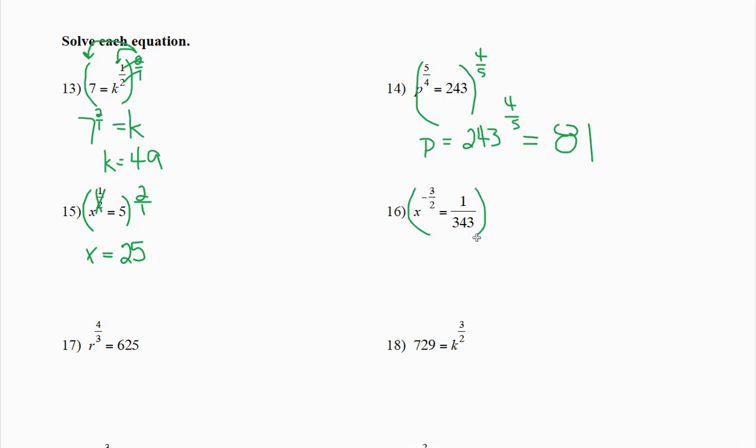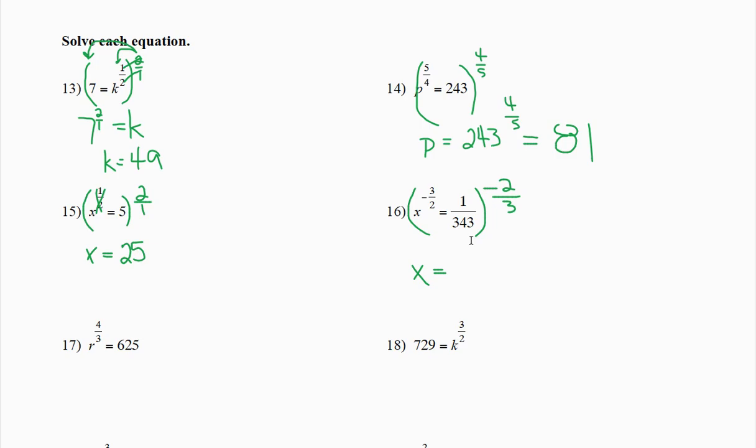Again, we simply multiply by the inverse, or the reciprocal, which is negative 2/3. So we're left with x is equal to the negative 2/3 of 1 over 343.